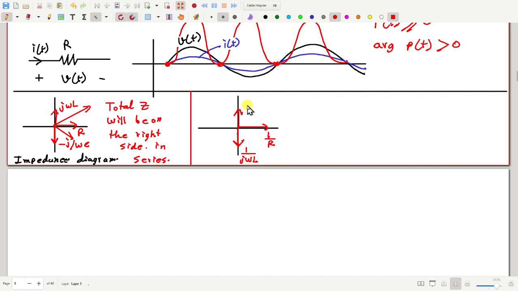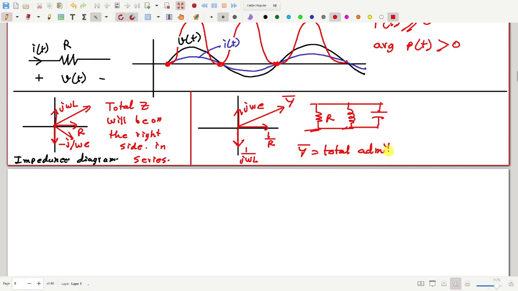Here we will have j omega C. So we are considering R, L, C in parallel. When we add, you will get the total admittance Y, which is again on the right side of the complex plane.